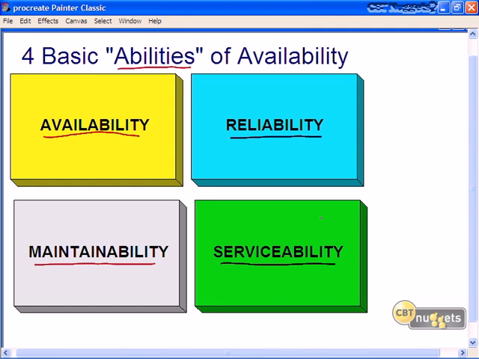Now, earlier I mentioned also a 5th aspect, and that is security. But we're going to cover the security aspect when we look at security management in an upcoming Nugget movie. High availability is the aspect of continuously providing the IT service to the customer with very little measurable downtime and a rapid service recovery process.